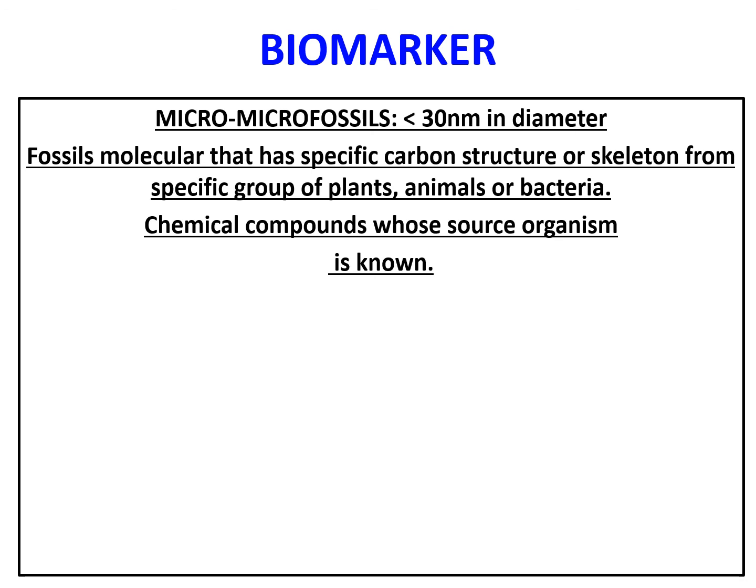So what is a biomarker here? It refers to molecular fossils, a fossil molecule that has a specific carbon structure or skeleton from specific groups of plants, animals, and bacteria. So it means chemical compounds whose source origin is known.